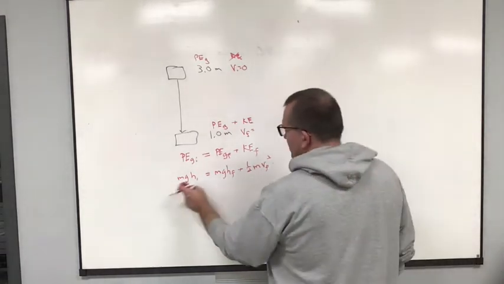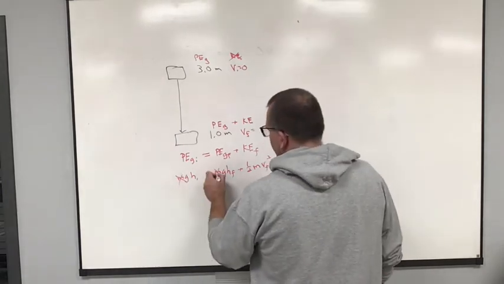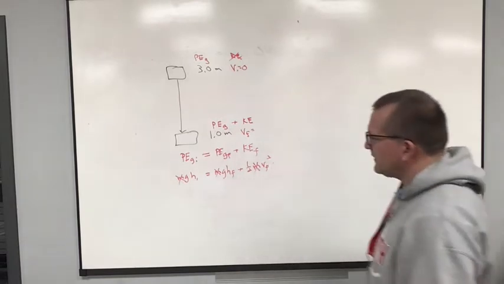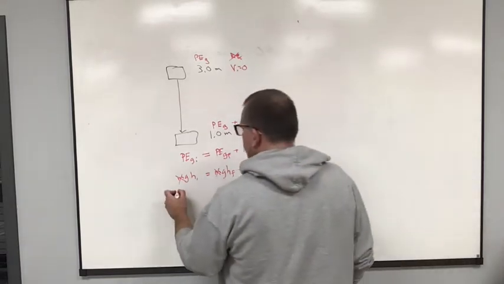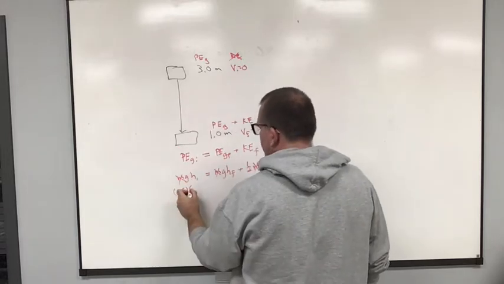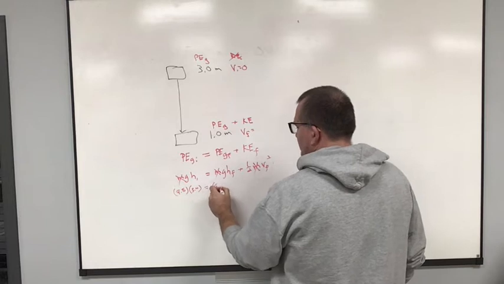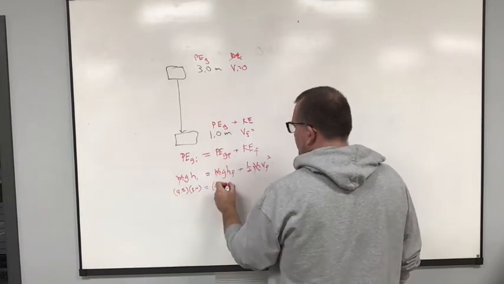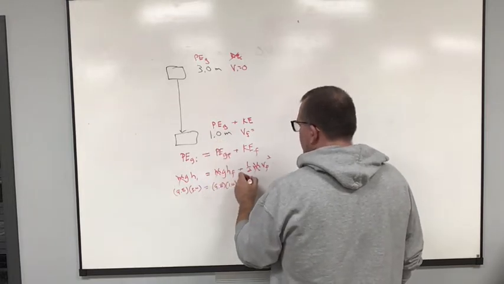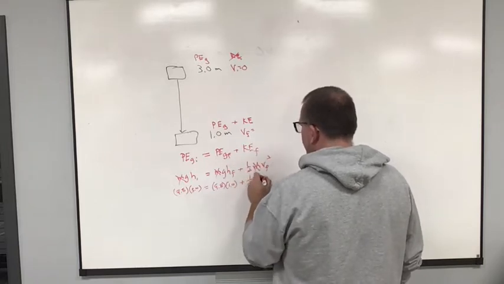Since I have mass in each of these, I can eliminate mass, which I'll do. g is 9.8, and my height is 3 meters initial. Gravity is still 9.8. My height is now at 1 meter. And my velocity at the bottom is what I'm solving for.